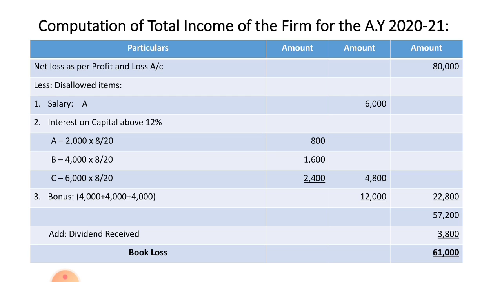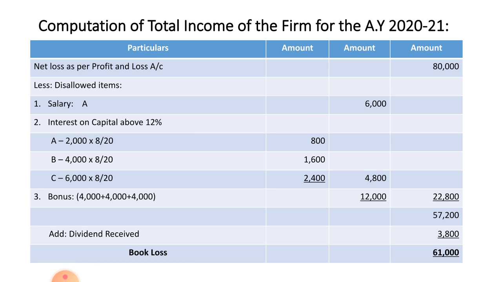First one, salary of A 6,000, interest on capital above 12%, calculated as follows: 2,000 of A, 8% is above 12%, that is 800, and 4,000 into 8 by 20, 1,600, and 6,000 into 8 by 20, 2,400. So the total of interest on capital above 12% amounts to rupees 4,800.